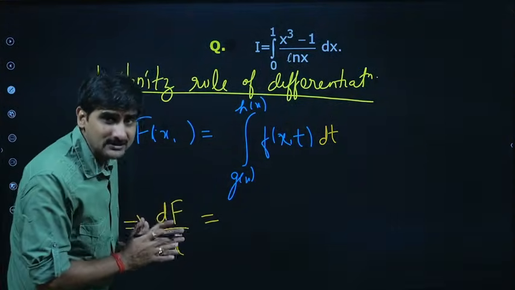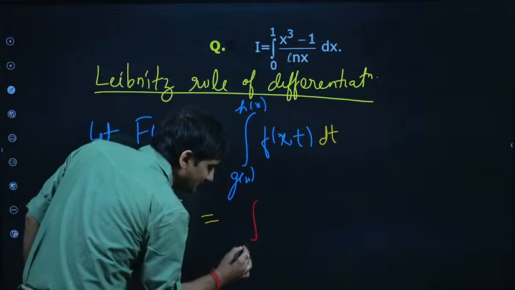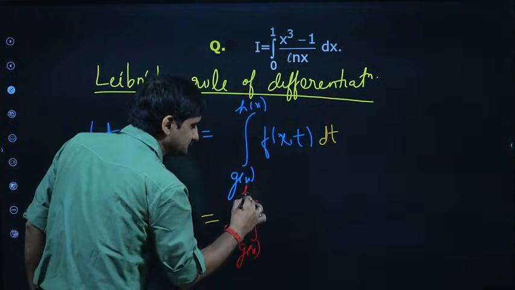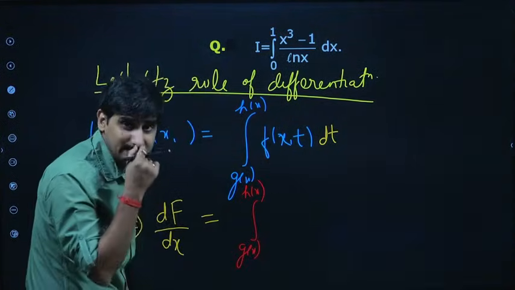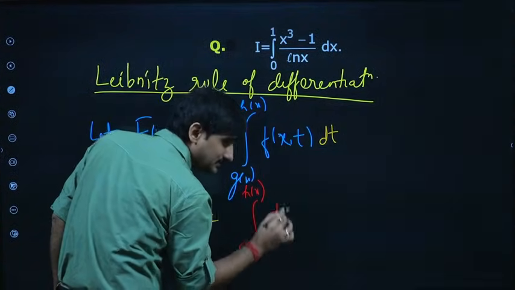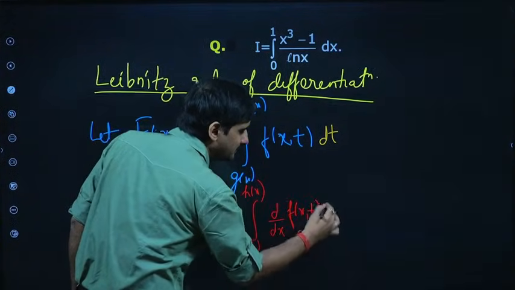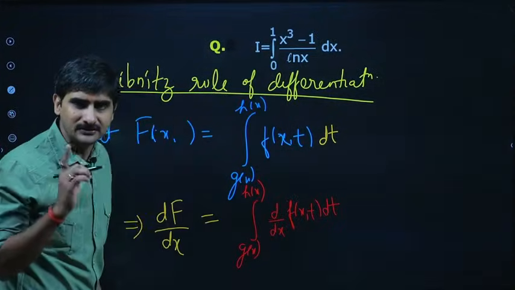So if I have to differentiate, the Leibniz rule of differentiation says that first we differentiate the integrand, taking the partial derivative with respect to x, treating t as a constant.